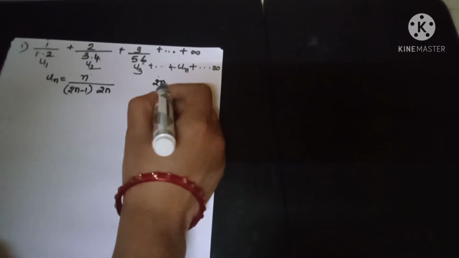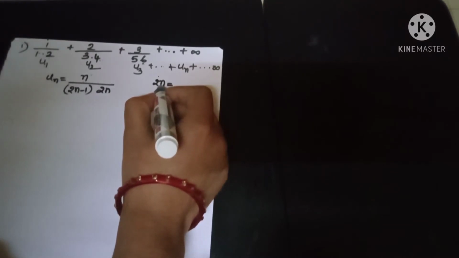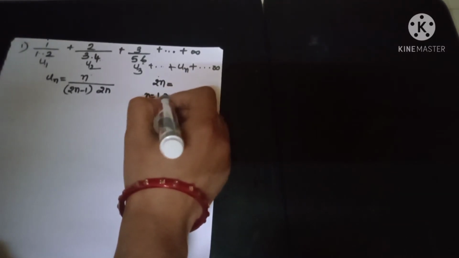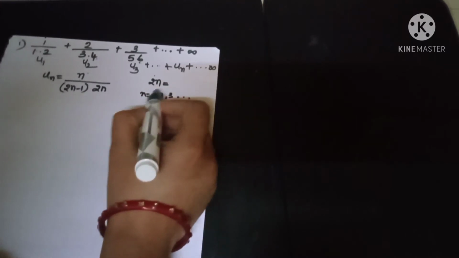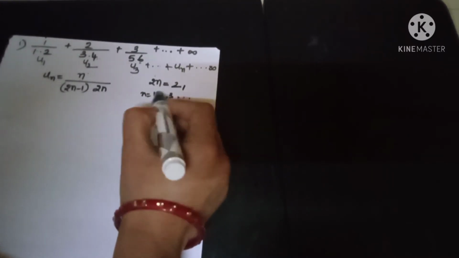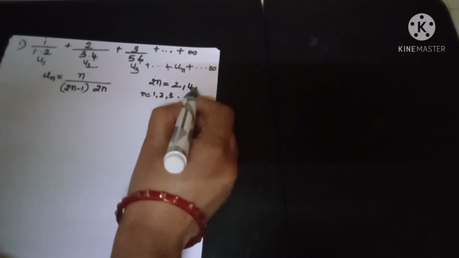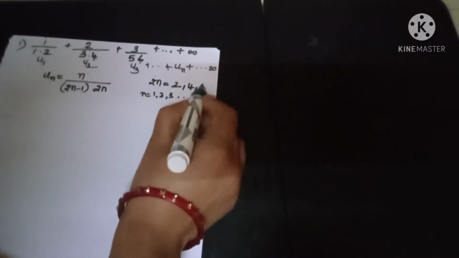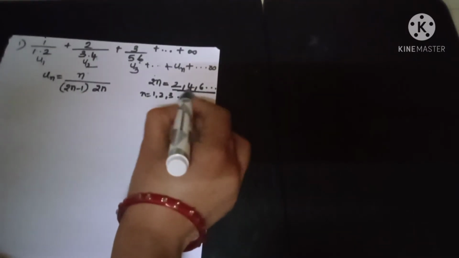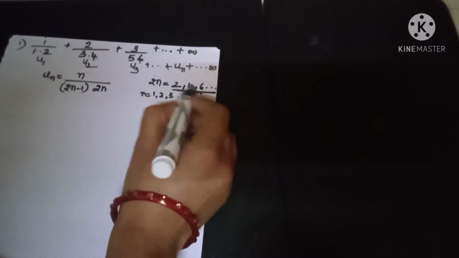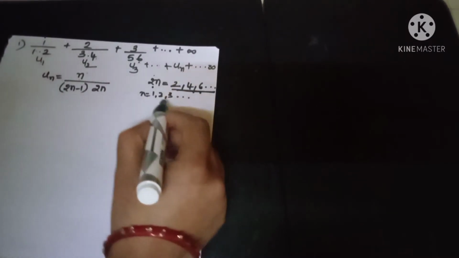Example, 2n: if you put n equal to 1, 2, 3, etc., then you get 2 ones are 2, if you put 2 you get 4, if you put 3, 6, etc. These are even numbers. Even numbers will be of the form 2n.